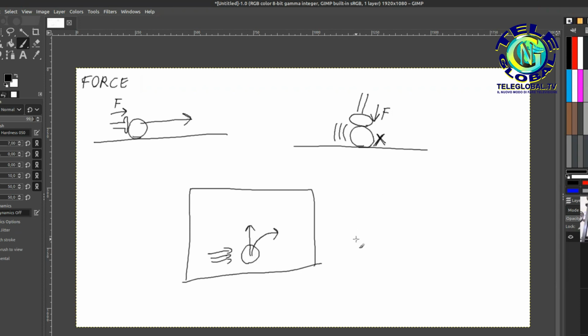So essentially, you can define a force as anything that can cause a still object to move, a moving object to stop, or a moving object to change its motion. Okay?